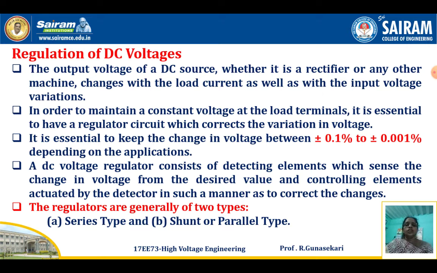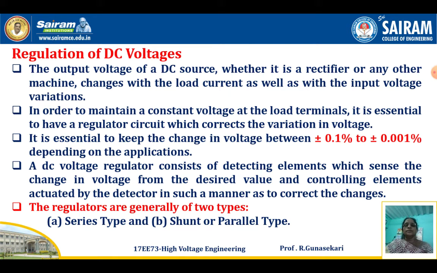It is essential to keep the change in voltage between plus or minus 0.1 percent to plus or minus 0.001 percent depending on the application. A DC voltage regulator consists of detecting elements which sense the change in voltage from the desired value, and controlling elements activated by the detector in such a manner as to correct the changes.